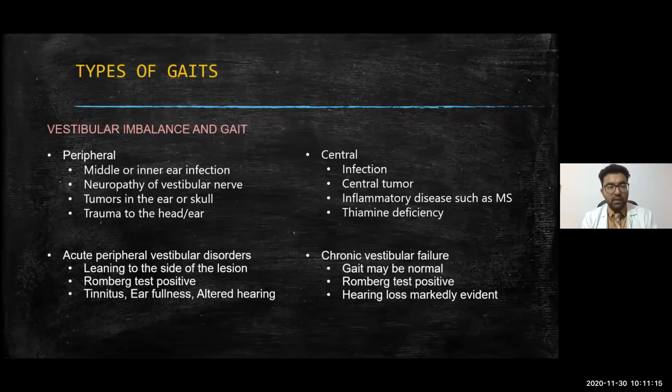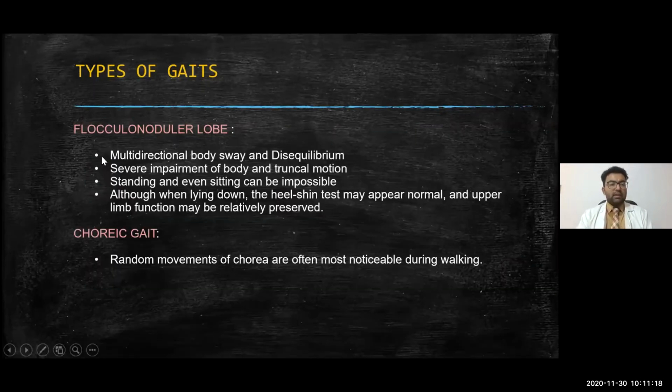Another type is the flocculonodular lobe. The flocculonodular lobe is a very important structure of the cerebellum, which is involved in locomotor function. If we have a lesion in the flocculonodular lobe, then the patient will have multi-directional body sway and disequilibrium.